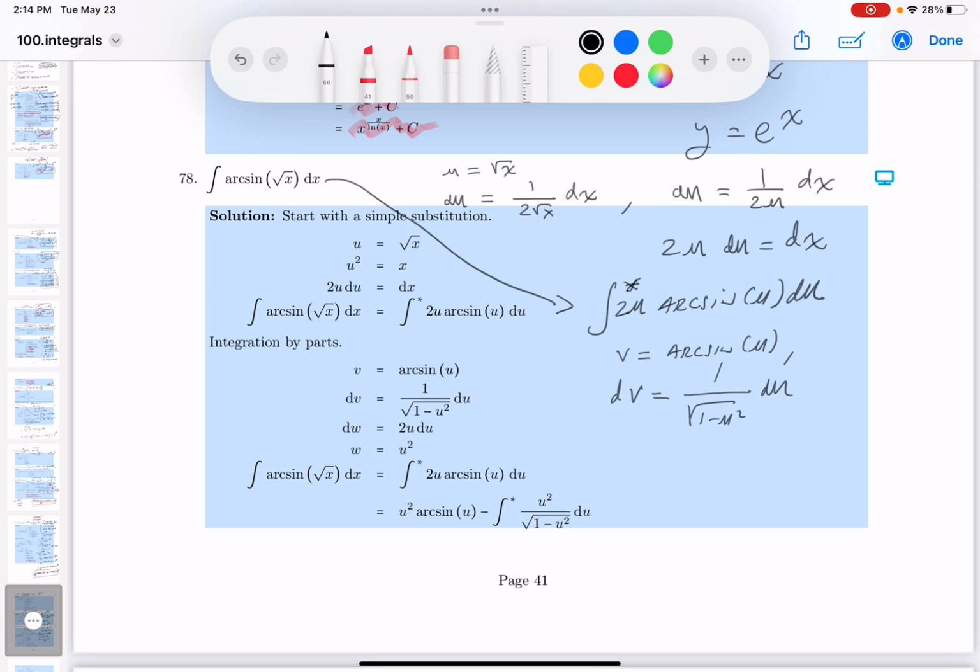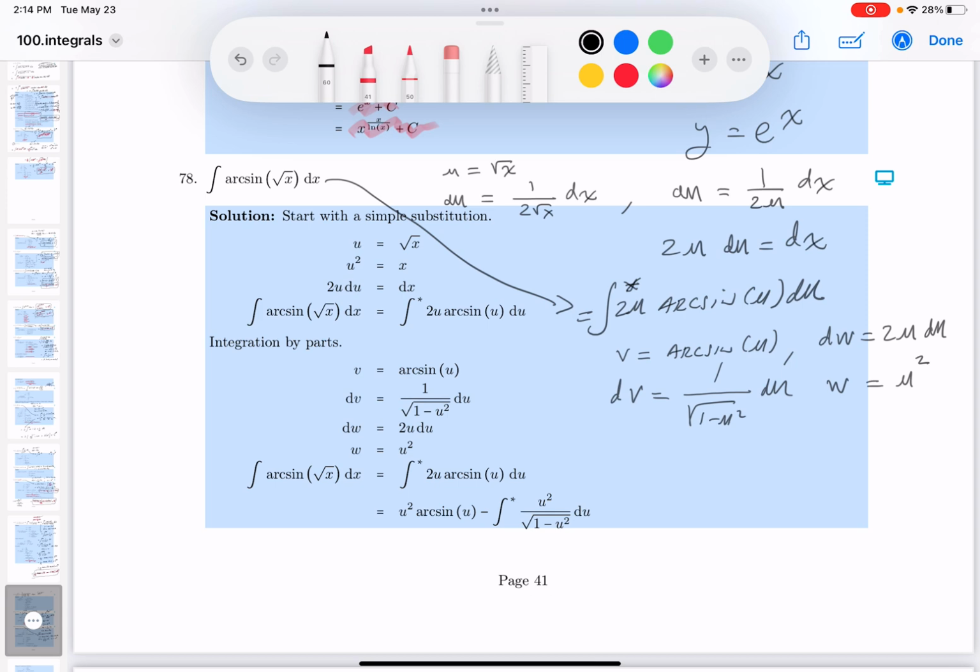And let's see, now I got to do w. So what's dw going to be? dw is going to be 2u du. So that means w is going to be u squared. All right, let's keep moving.